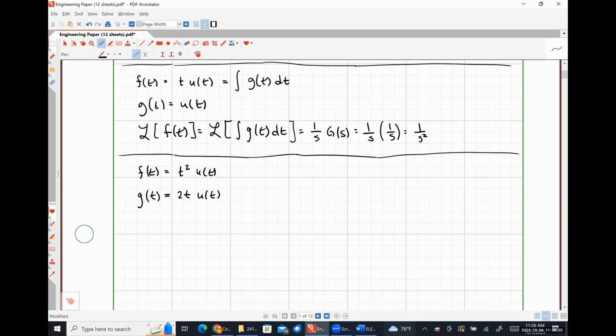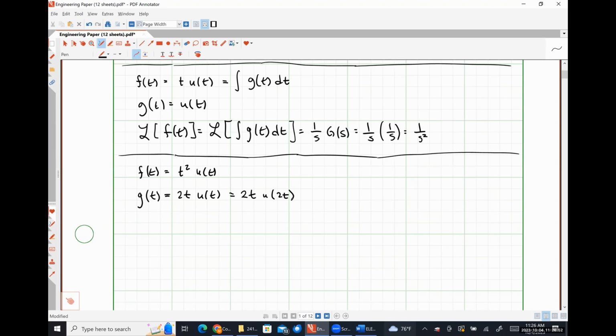Now, I'm going to play with this a little bit, okay? So what I'm going to do is make this work using the time scaling property of the Laplace transform. And I'm going to say that g of t is the same thing as 2t times the unit step function of 2t.